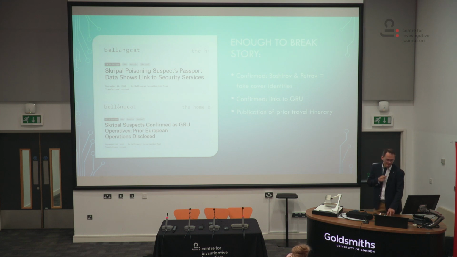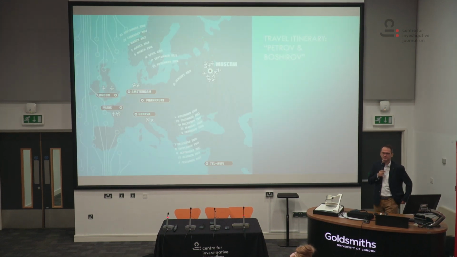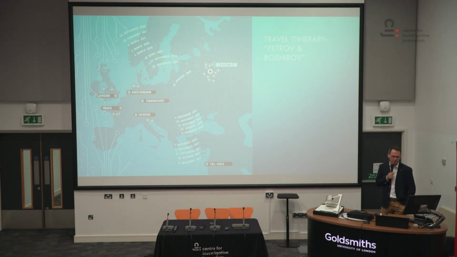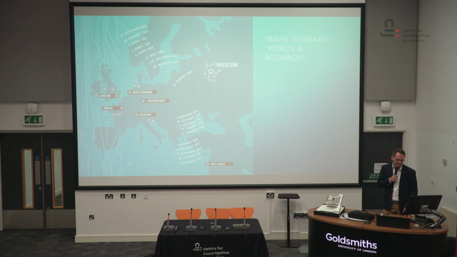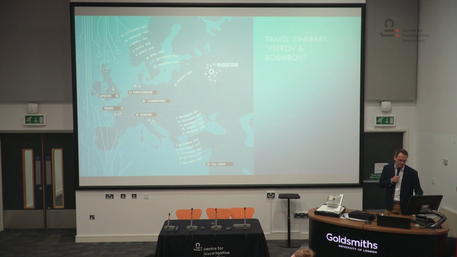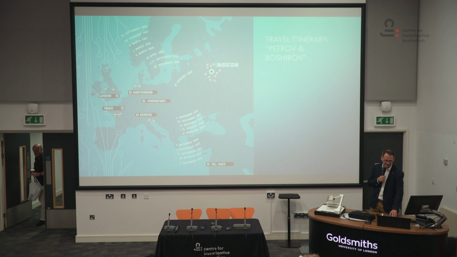And then we were able to publish their prior travel itinerary, because we thought it would be interesting for other journalists around the world to look at what they were doing in their respective countries. That showed very intensive travel under fake identities to London, Paris, Geneva, Frankfurt, Amsterdam, and Tel Aviv. As we later found out, this was only in the last 3 years, and they had literally globe-trotted the world in the years before that.